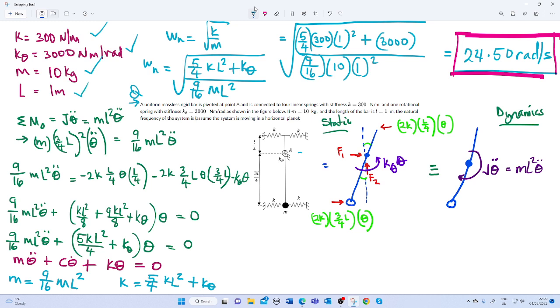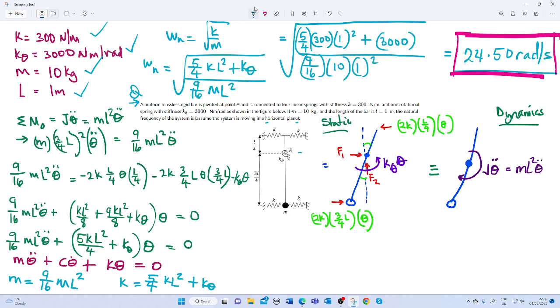Now looking at the 2 springs connected in parallel, the law assumes that whenever springs are connected in parallel, just like we have here, they are added to each other. So the summation of the springs connected in parallel here becomes K plus K, which equals 2K.